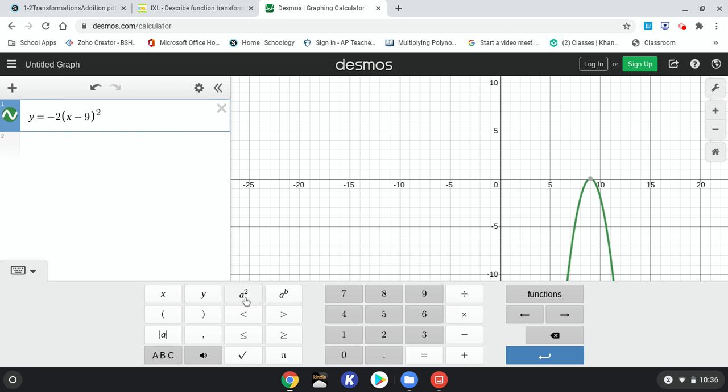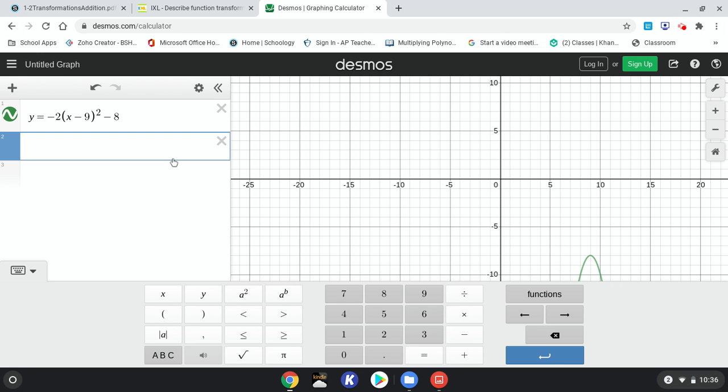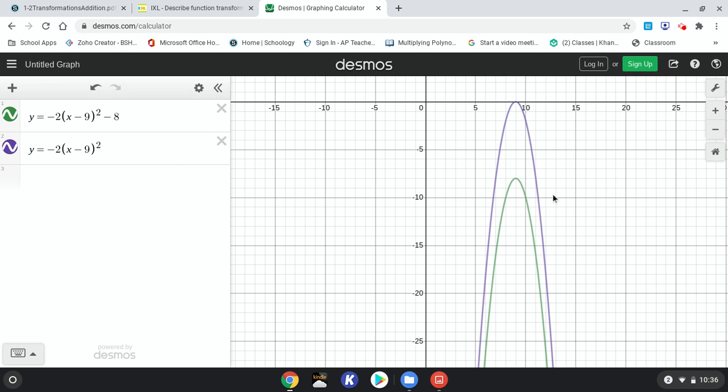And we could actually type both of those into here and take a look at that. So I have y equals -2 times x minus 9 squared, and then minus 8.